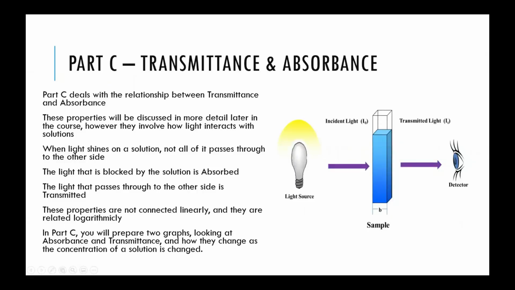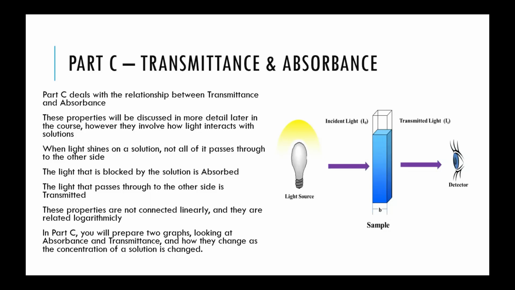The last part of the experiment looks at graphing and interpreting graphs of nonlinear equations or nonlinear lines. These are lines that have a curve, or a graph that would have a curve to it. So it's not exactly straight. The data that you're given in the lab report deals with concentration and transmittance and absorbance.